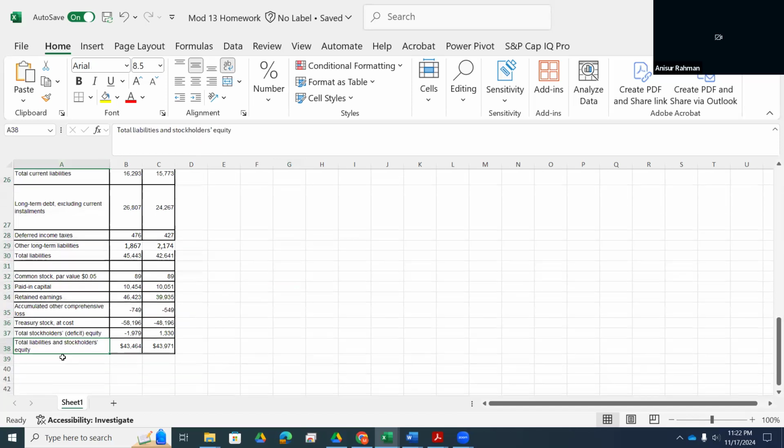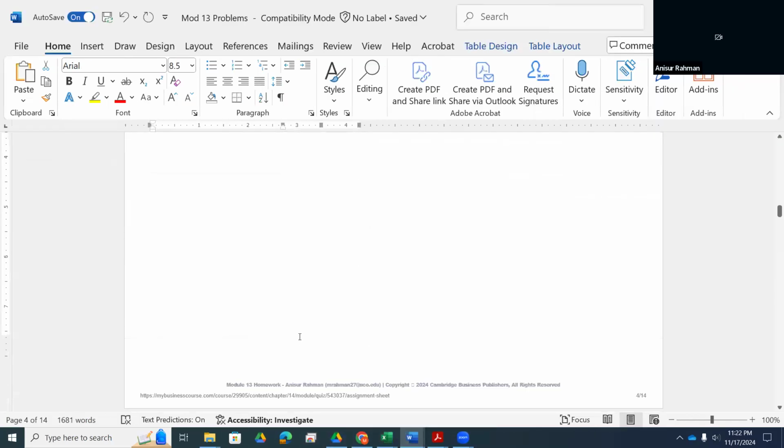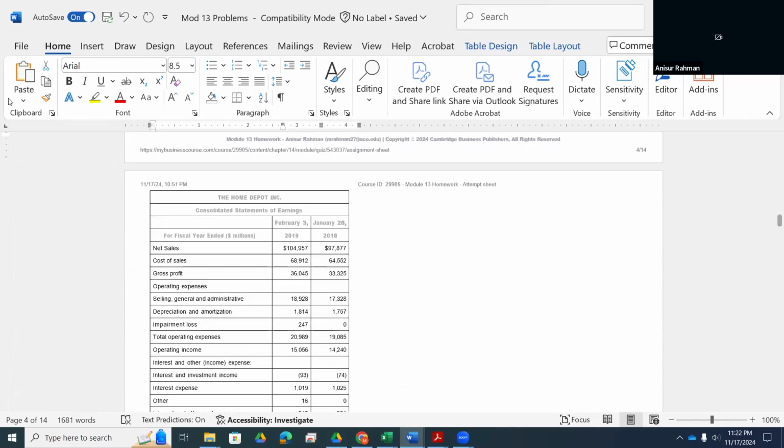This did not work for some regions. So that was our balance sheet.